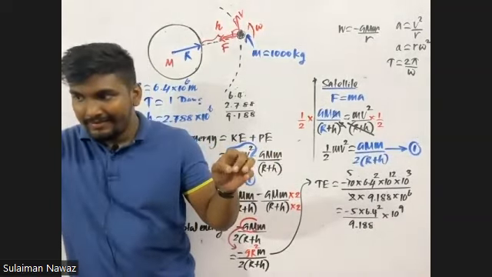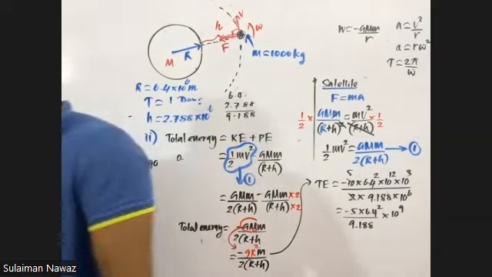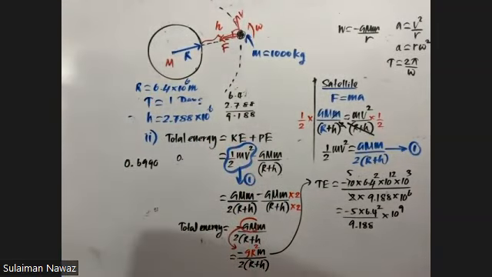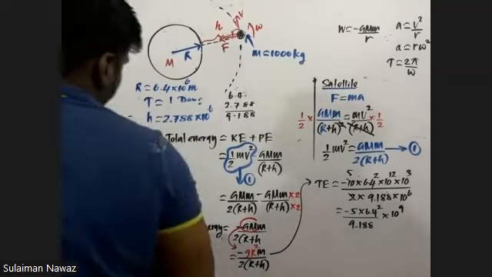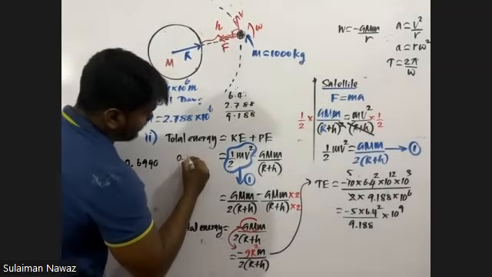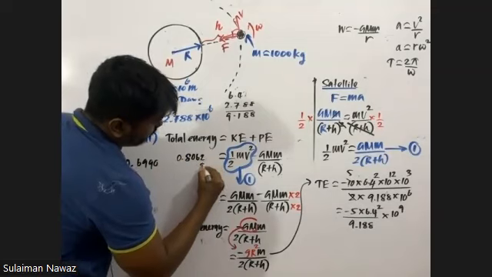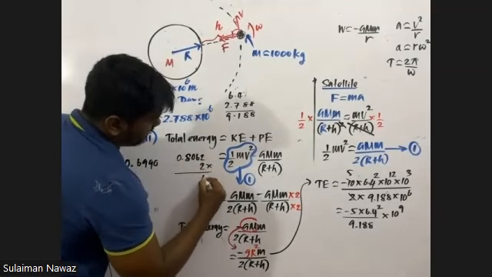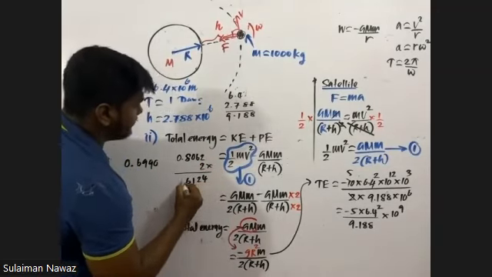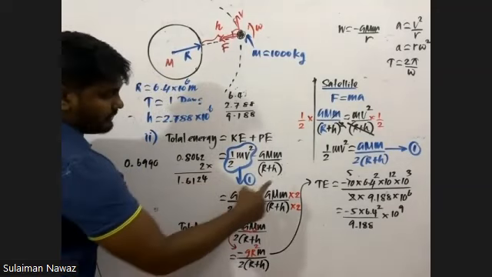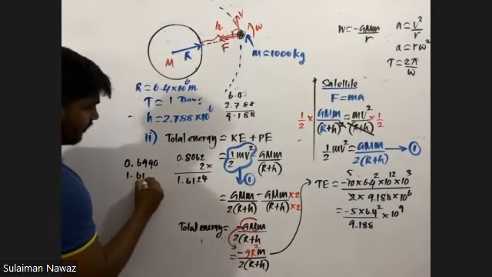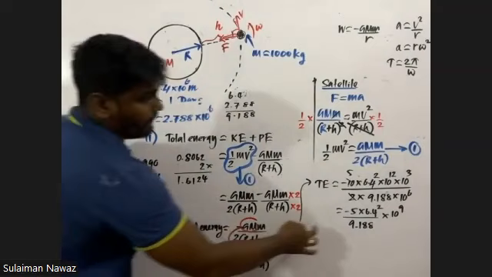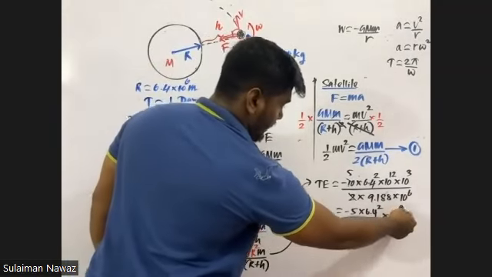Okay. 0.8062 squared, 8062 into 2, that is 1.6124.